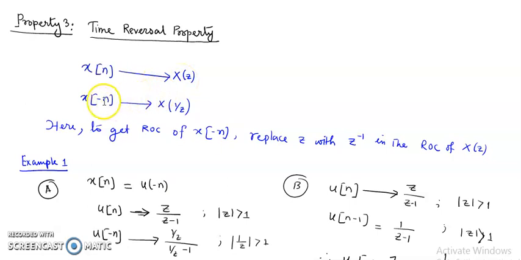If we put minus n, it becomes the time-reversed signal of x[n], and its z transform is given by X(1/z). So the X(z) can be obtained by putting 1/z in place of z. To get the ROC of x[-n], we replace z by 1/z, or z inverse, in the ROC of X(z).